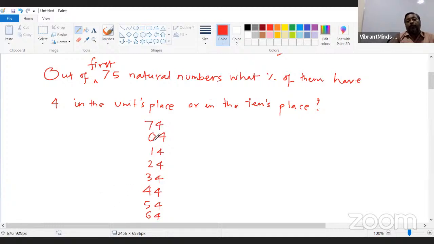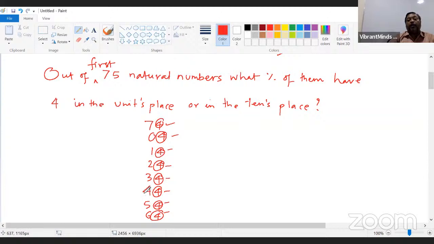So 4 is coming at units place in these many places, isn't it? So how many? 1, 2, 3, 4, 5, 6, 7, 8 places.